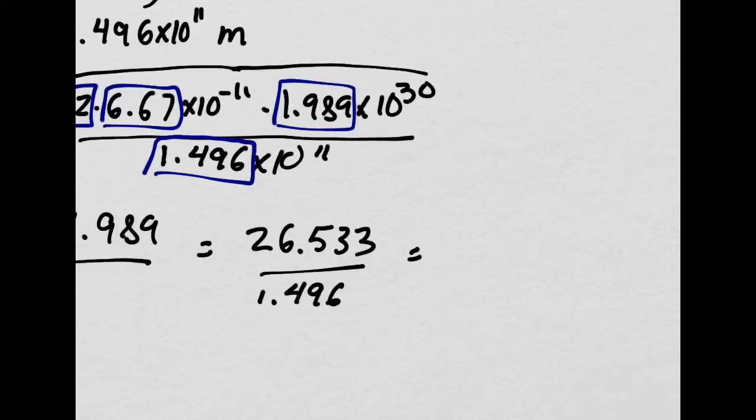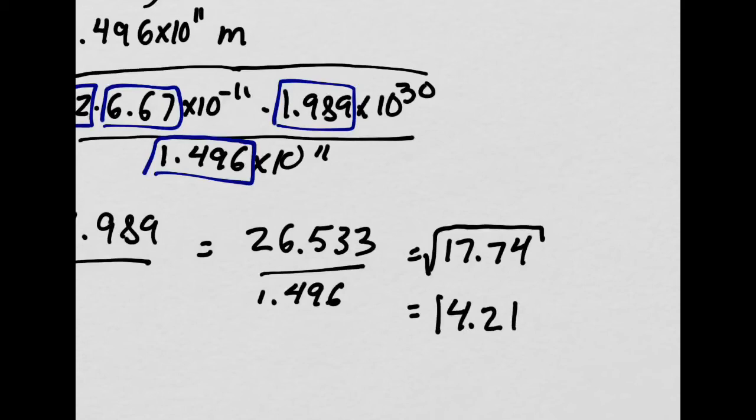So let's do some rounding when we do our division. 17.74. So that is our prefix, except we also need to take the square root, because all of this is under the square root. Our prefix gives you 4.21. So let's box that in blue because that was from our prefixes.